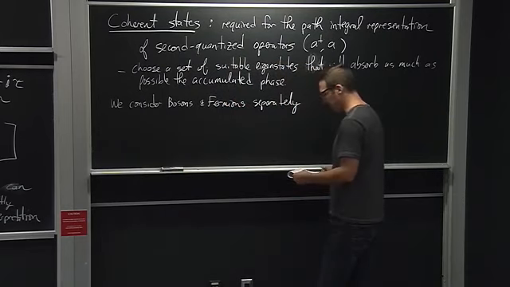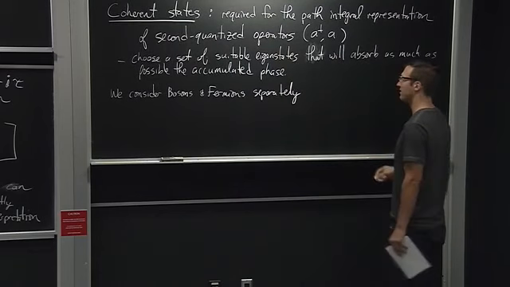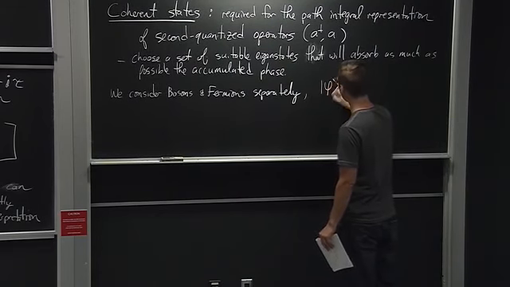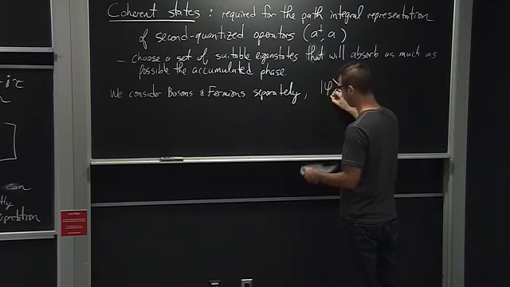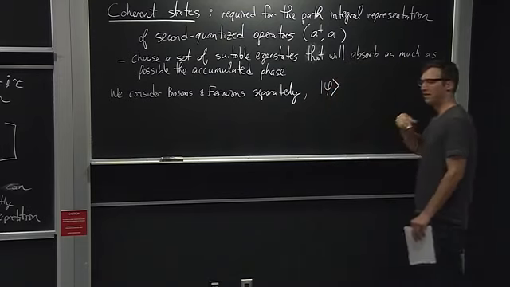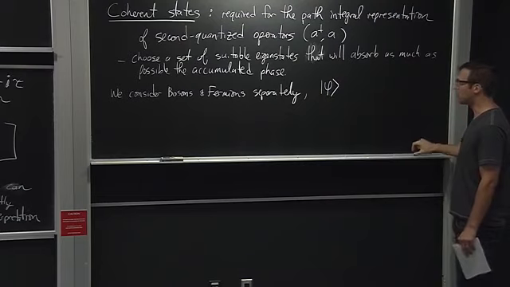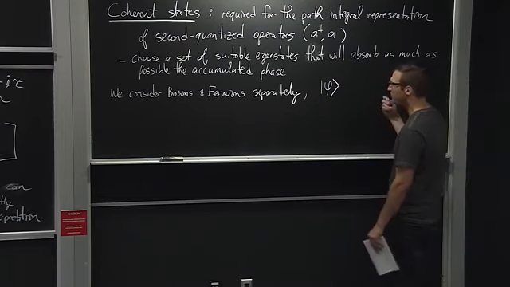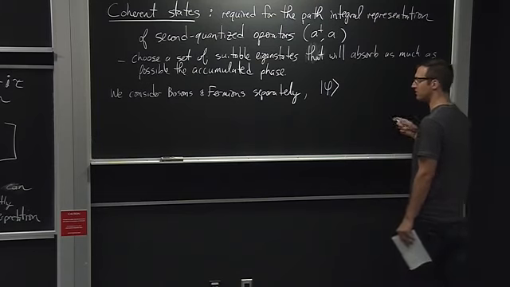Our goal is to basically construct eigenstates, I'll call them curly phi. This is a general state in Fock space, so it's a coherent state that lives in Fock space.